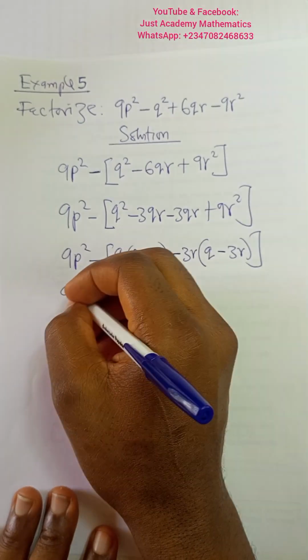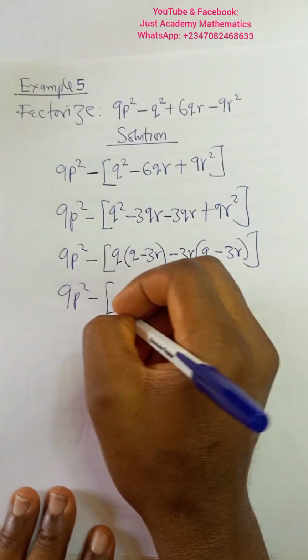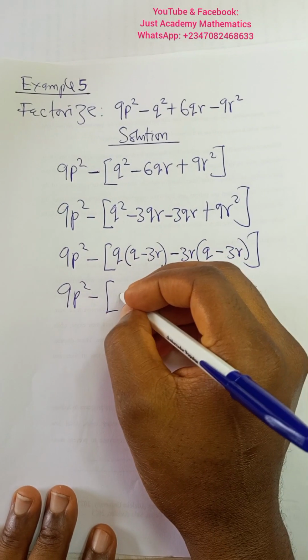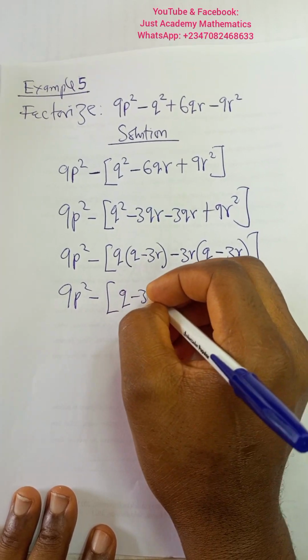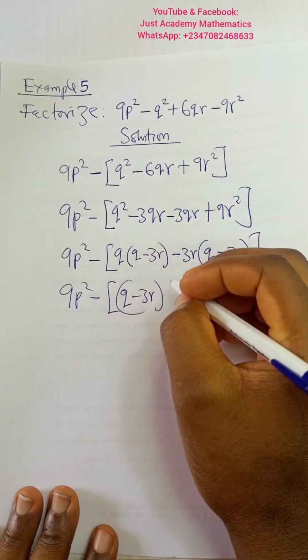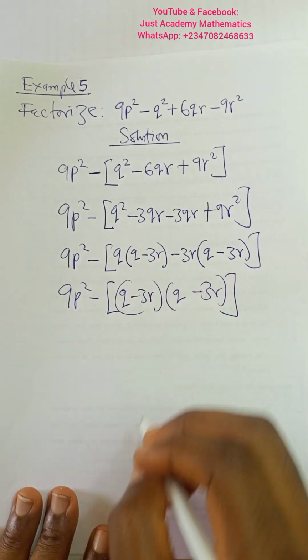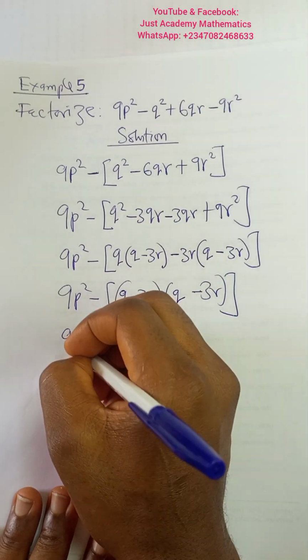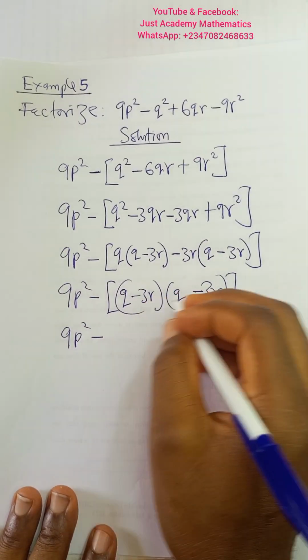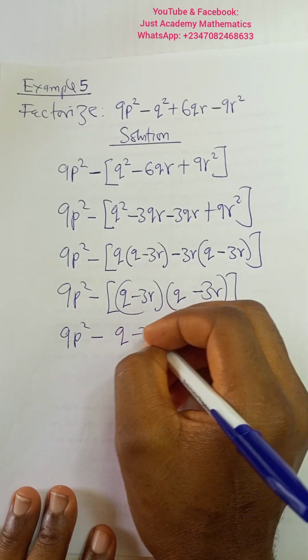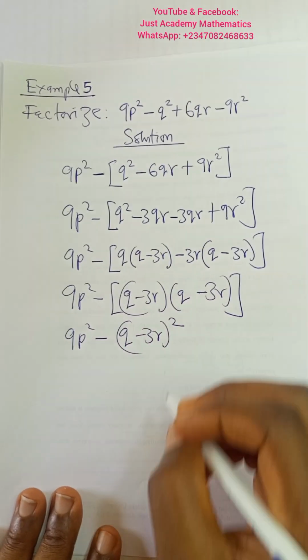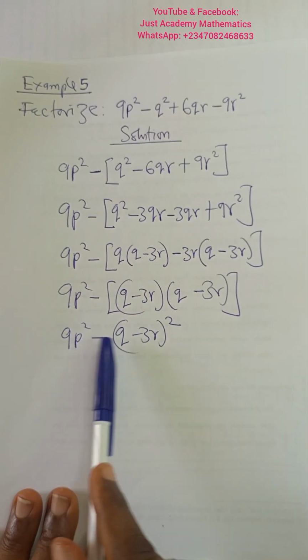So the rule of factorization, again, the two brackets are the same. If I bring out the common bracket, one of them, q minus 3r, what will remain here? It will remain q. What will remain here? It will remain 3r. Yet again, you see that 9p square minus this one, since they are the same, means (q minus 3r) square. So this is another difference of 2 square.